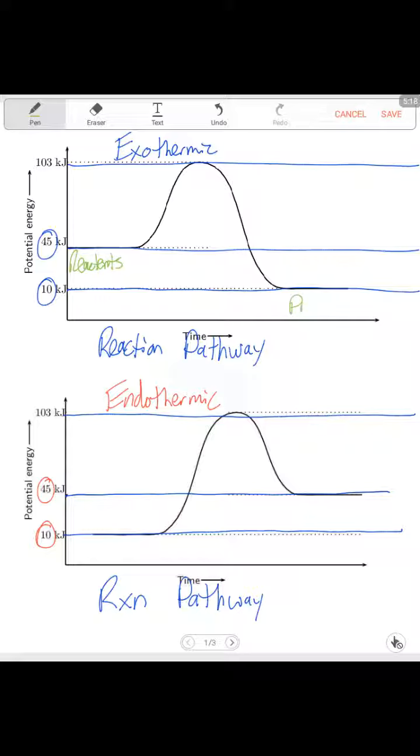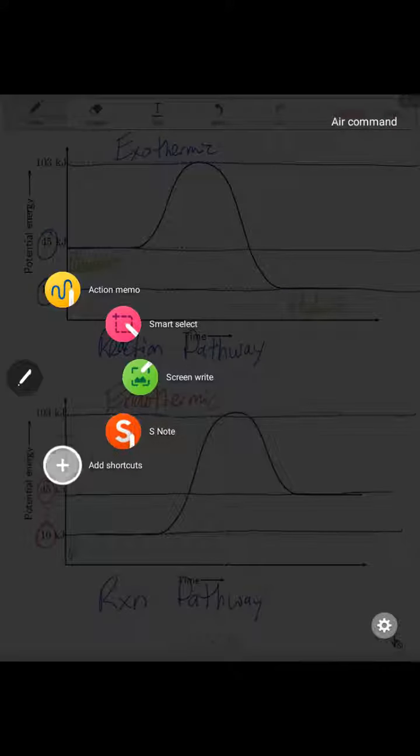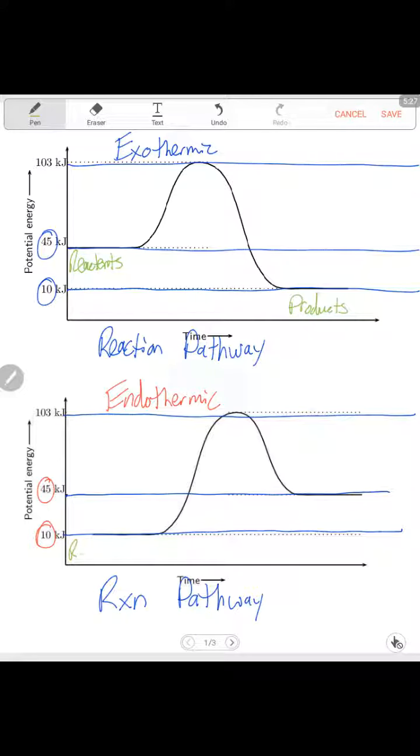Obviously, they're going to be called the products. And that's going to be true no matter which type it is. So I'm going to fill in both of those at the same time. Reactants, and we have our products. Whether you write them at the line or whatever, it doesn't matter. Just know that the reactants come first and the products come second. And that should be easy for us.